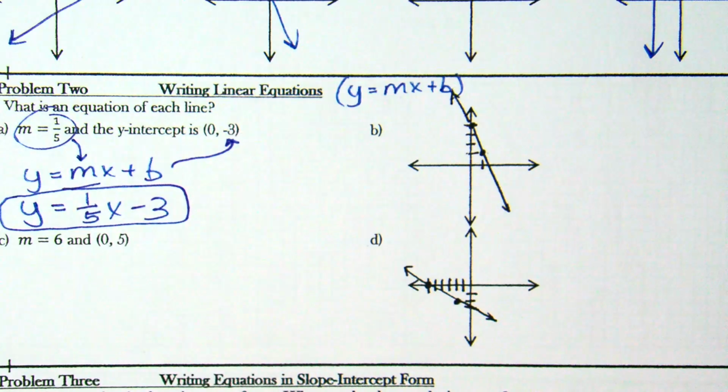Okay. B is the y-intercept. Maggie, do you know what value it is here? Did you say it? I missed it.